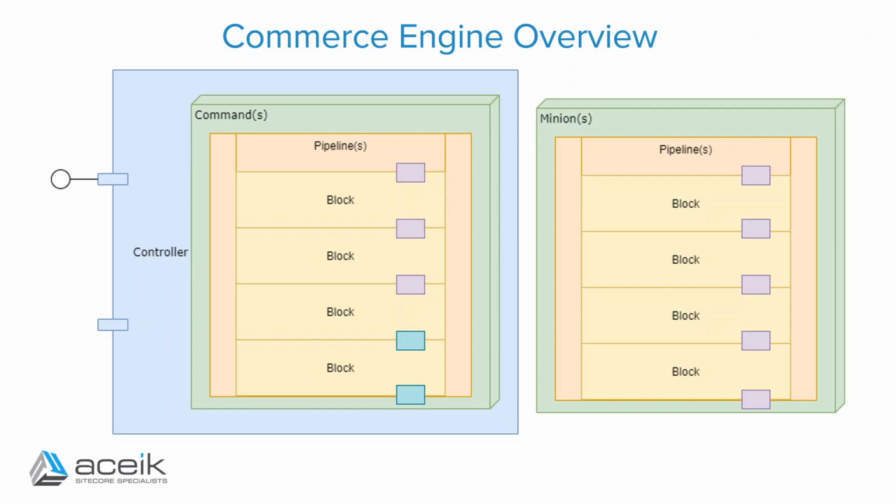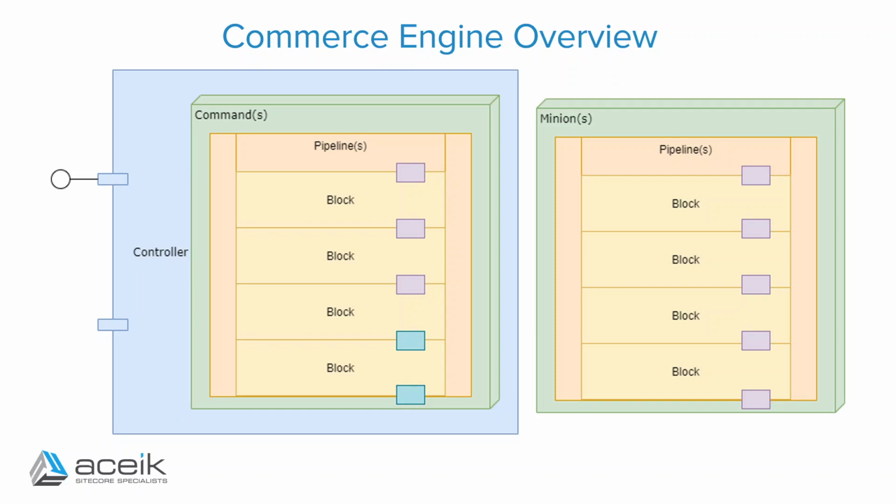Commerce actually works on OData. So all the endpoints that you create are all OData endpoints, Microsoft OData. So that's a high-level overview of how commerce is structured, because we'll be going through some of this stuff in understanding how to customize this indexing.